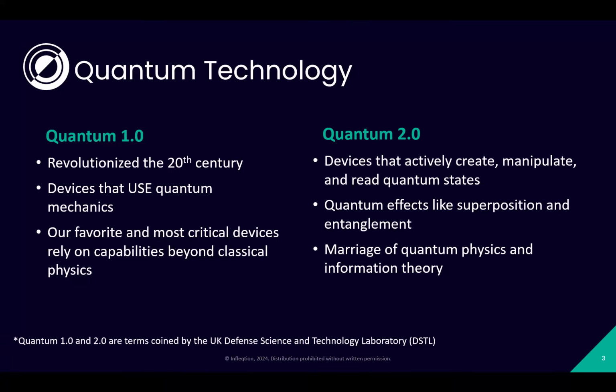They use quantum mechanics, and we wouldn't be able to have this webinar at all if it weren't for quantum 1.0. 2.0 is the hot topic of the day. This is what we're calling the quantum industry now. These are devices that actively create, manipulate, and read quantum states. They can measure things like superposition and entanglement, and many consider it the marriage of quantum physics and information theory.